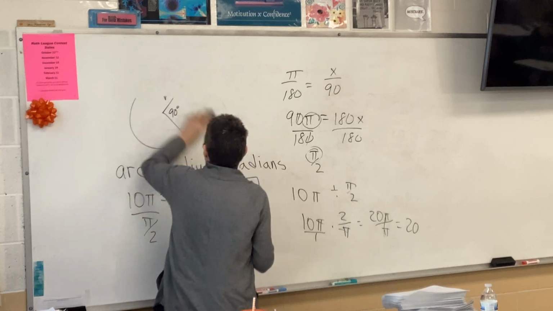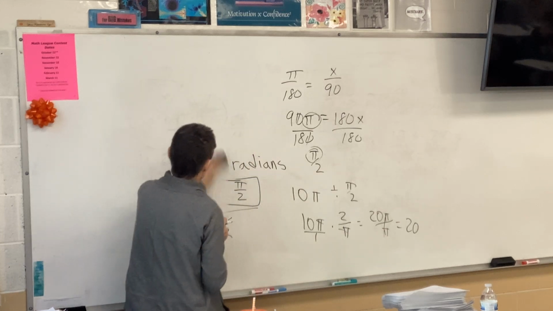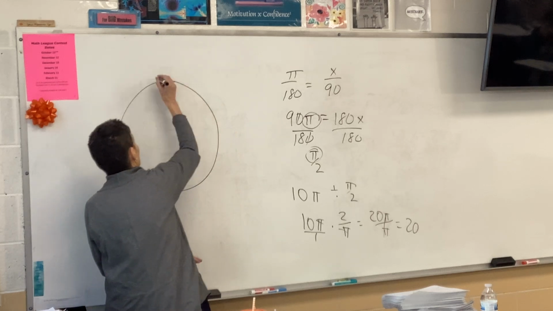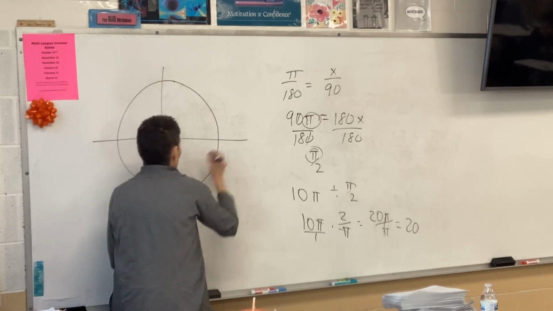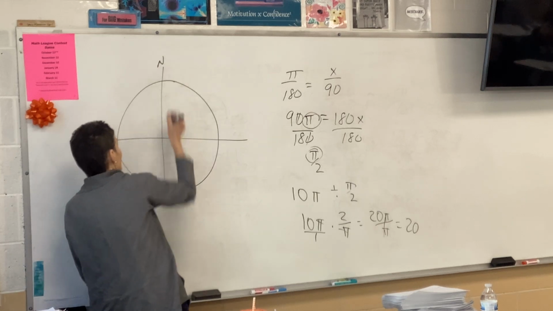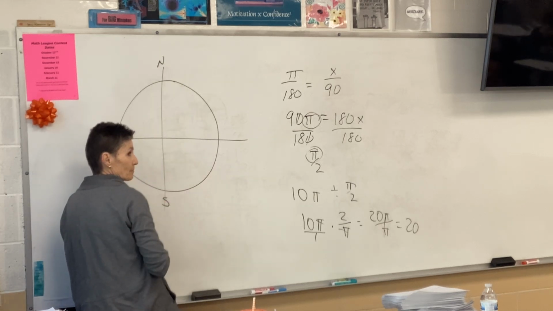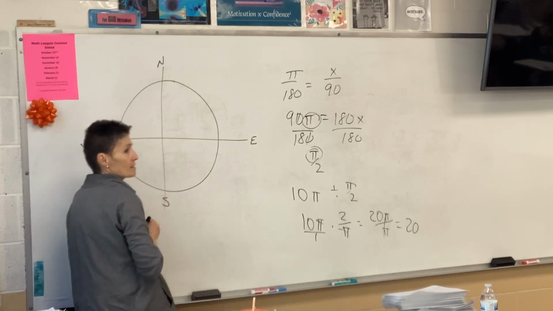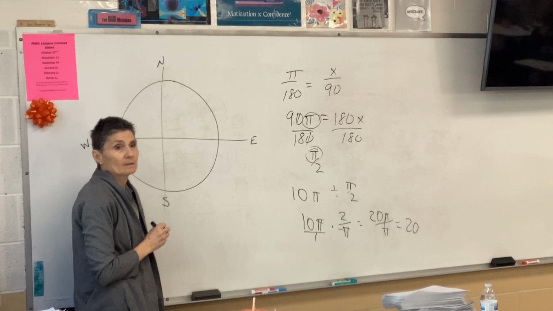So, the basics of the compass. Here it is. Where's north? Up top. And then this is south, and this is east, and this is west. Right?